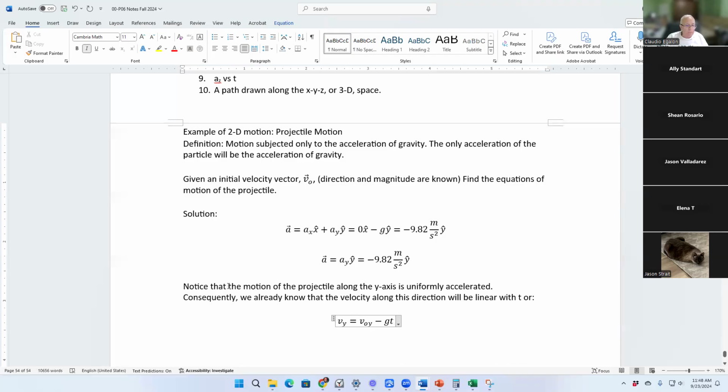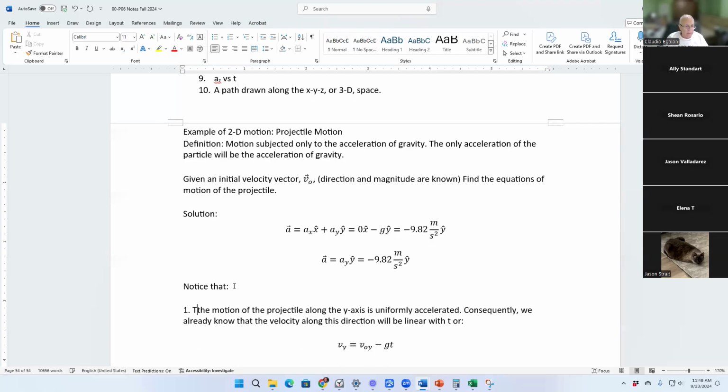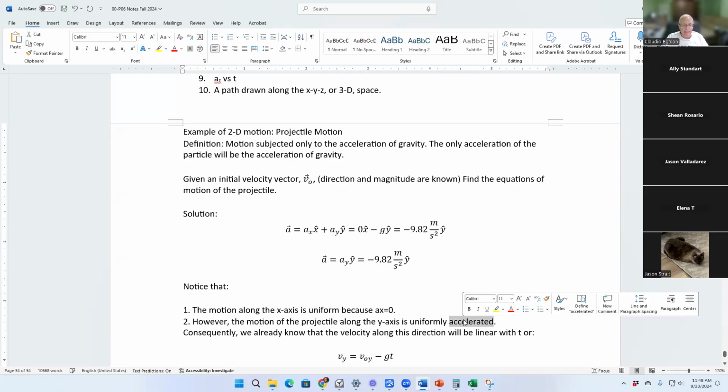We're going to put two statements here so it's better organized. One, the motion along the x-axis is uniform because a sub x is equal to 0. However, the motion of the projectile along the y-axis is uniformly accelerated.